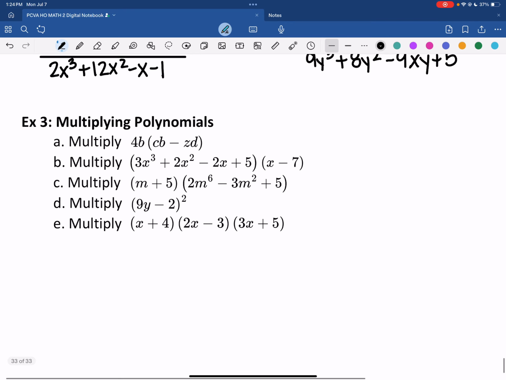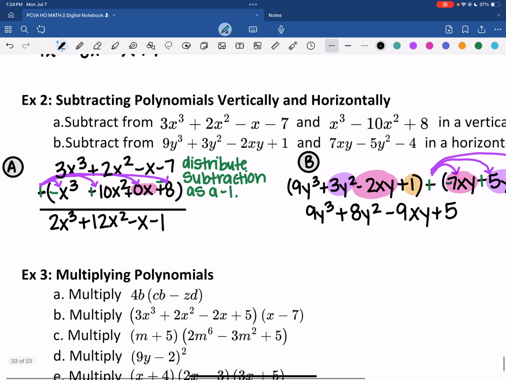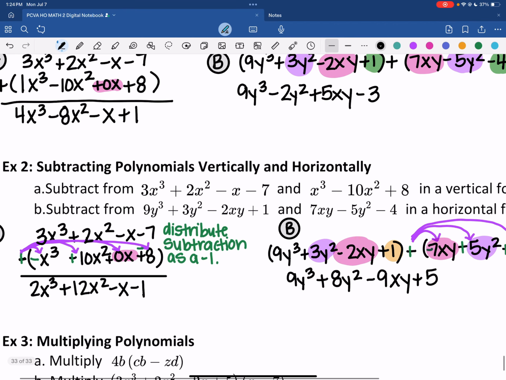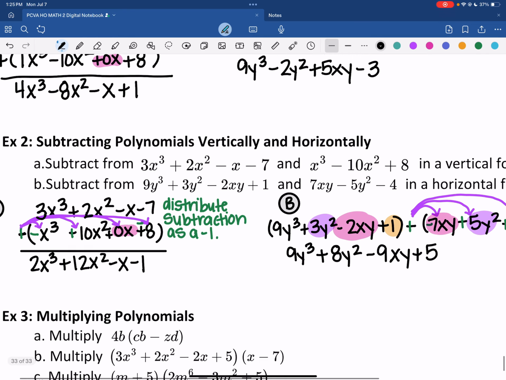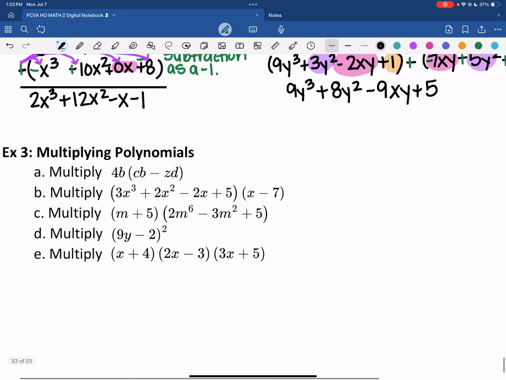All right, so multiplying is a little bit different. When we did adding and subtracting, we combined like terms, we identified which ones had the same variables and exponents, and we just added the coefficients. But when we multiply, we actually have to combine the variables together. So we wind up adding the exponents of the variables.